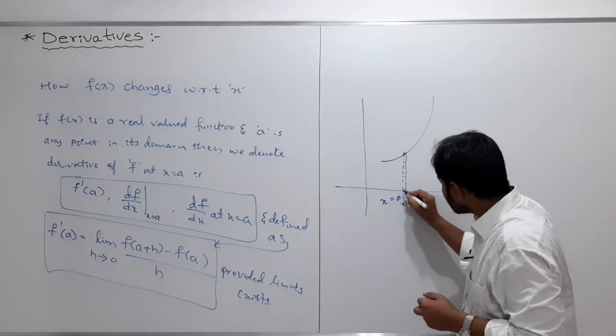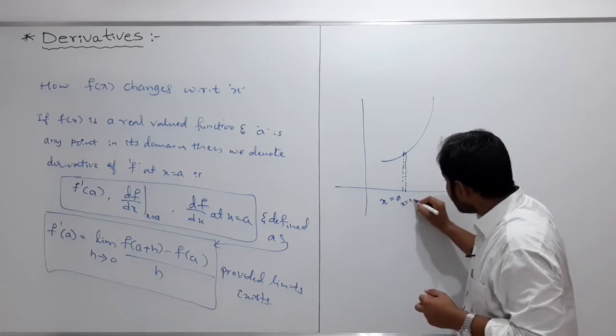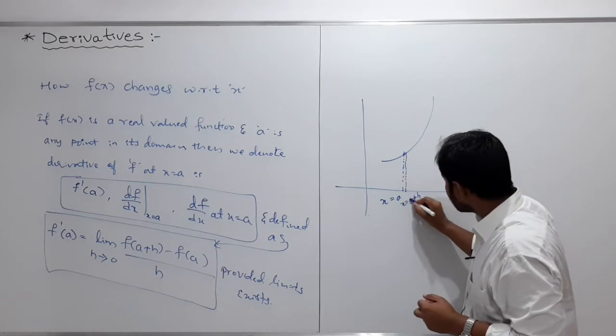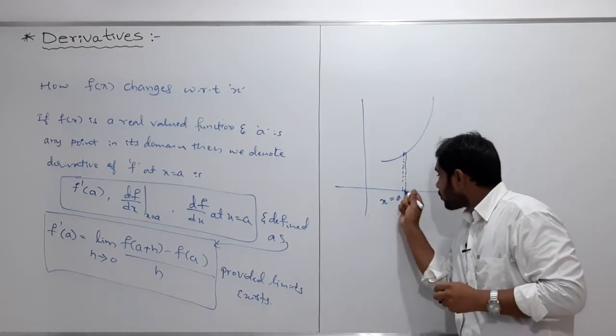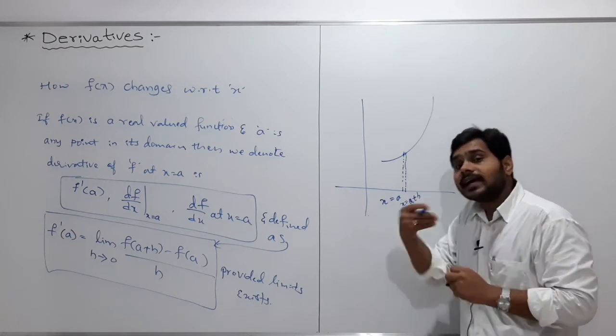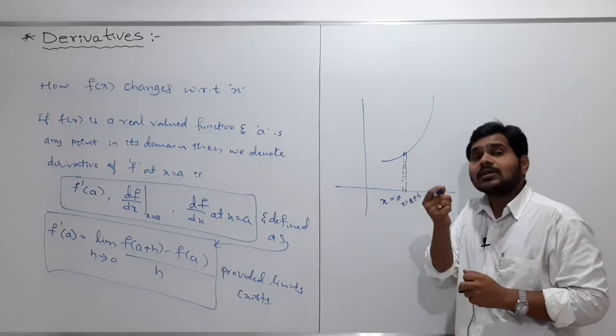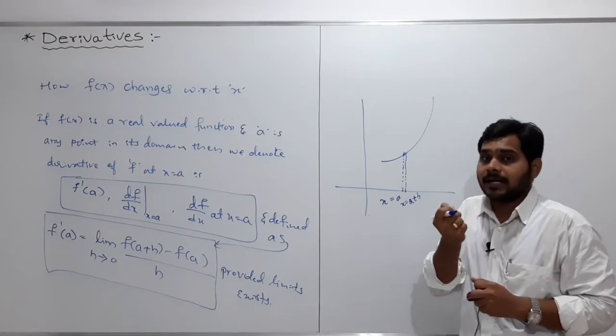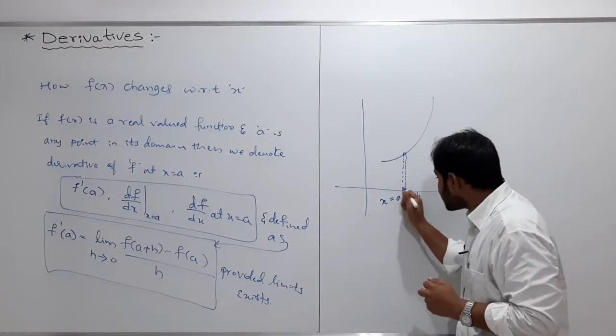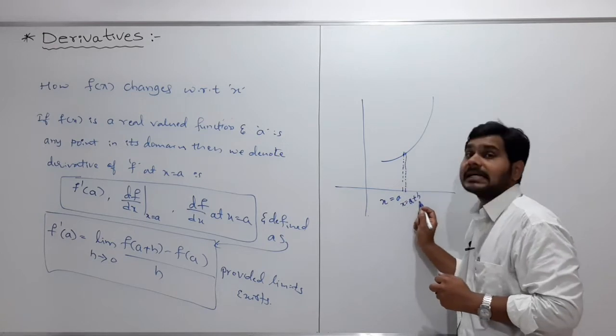Another point is a plus h. Try to understand: this is the point x is equal to a, and the very next point, as close as possible, that very small quantity h, I am adding to this a, then the next point will be a plus h.